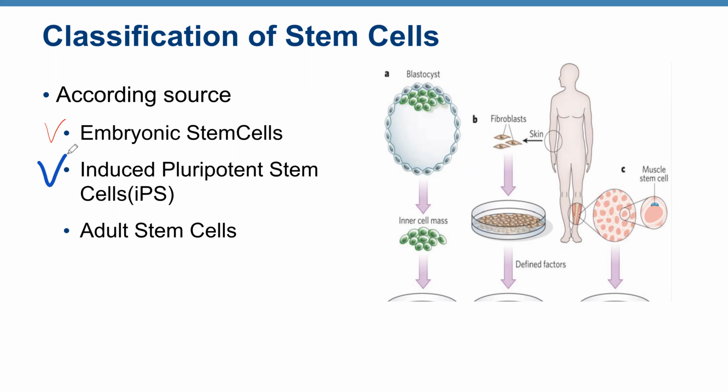So that's called induced pluripotent stem cells. And adult stem cells, in this example, is a muscle stem cell in tissue. And right, so they are still undifferentiated and still can differentiate into more than one type of tissues and cells.